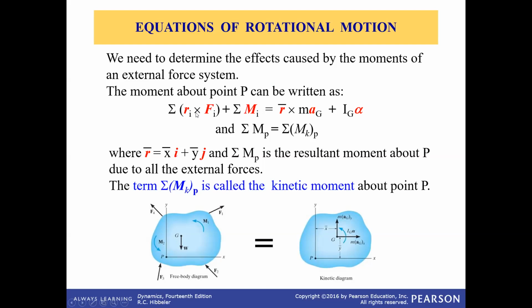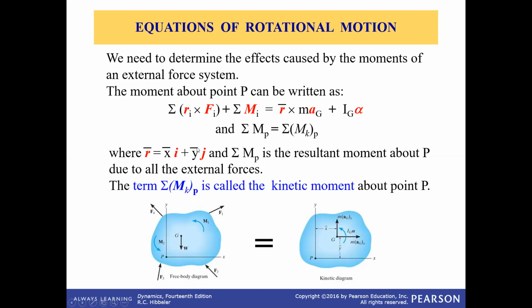If you have a system of multiple objects, or an object with different parts, you can still denote each part as the i-th part. For the force, you can also write mass times a_G, times the average r, plus I_G alpha.